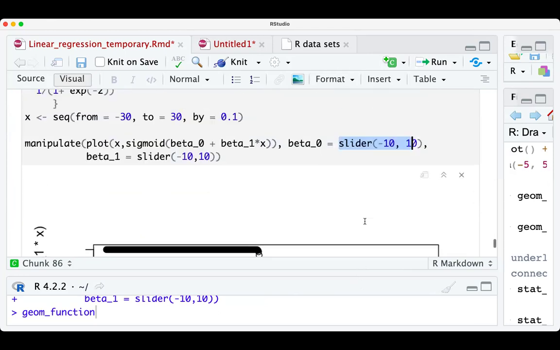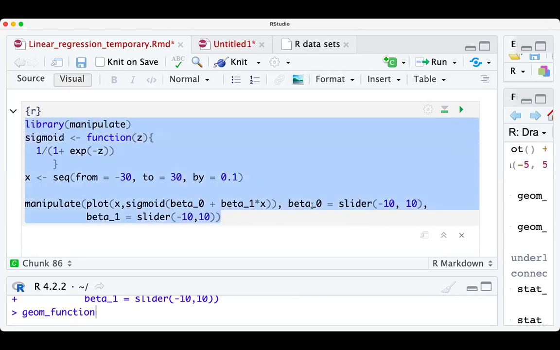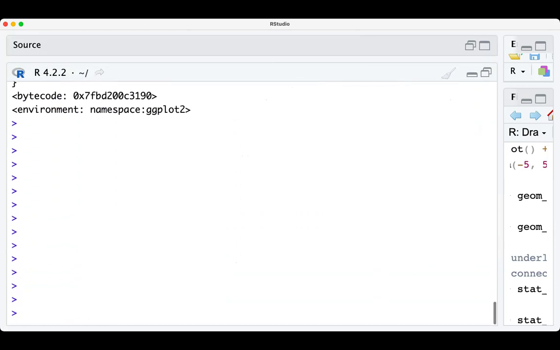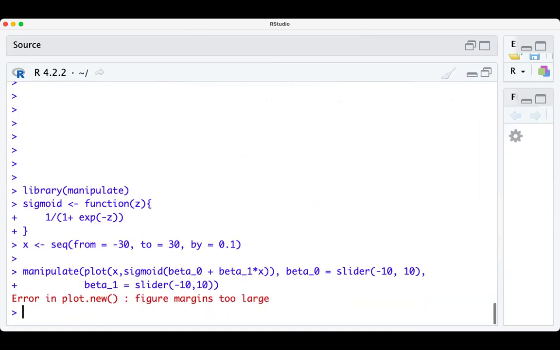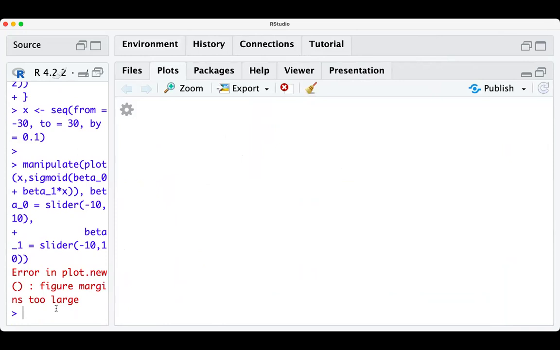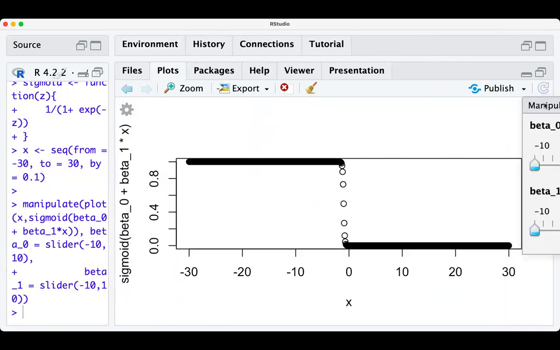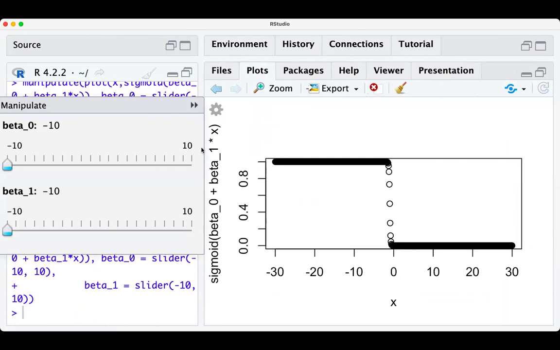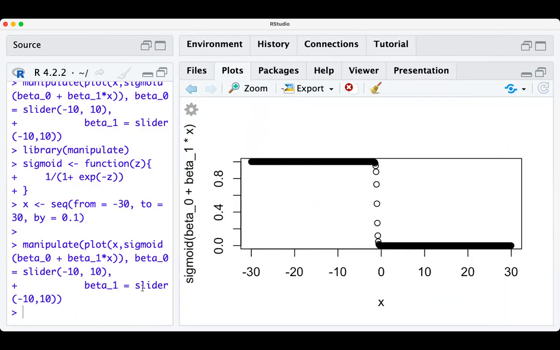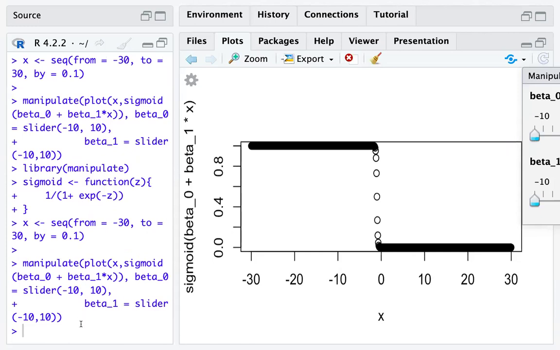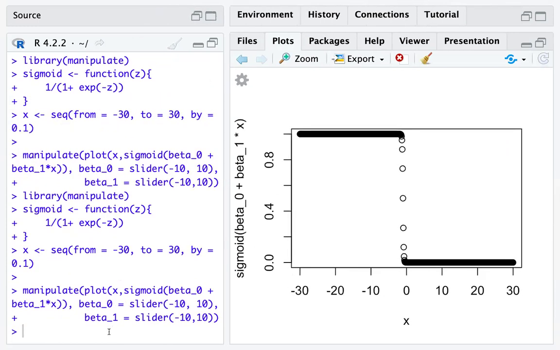Now I don't see the interactive part, so let me do it on the command line. Okay.